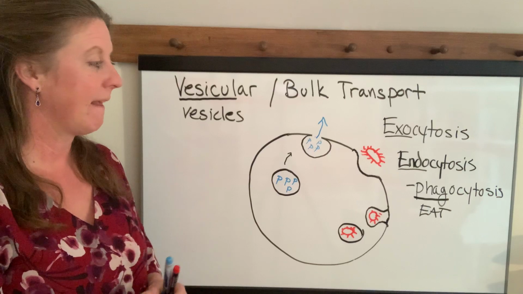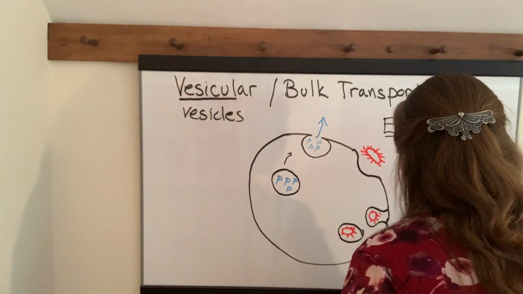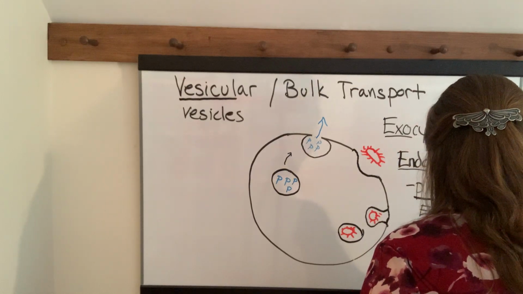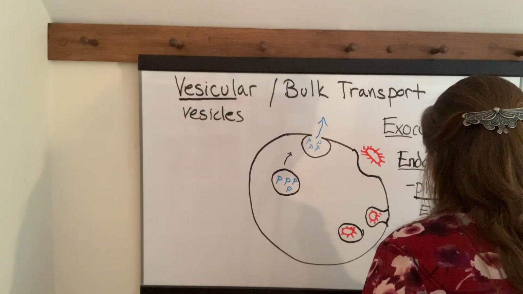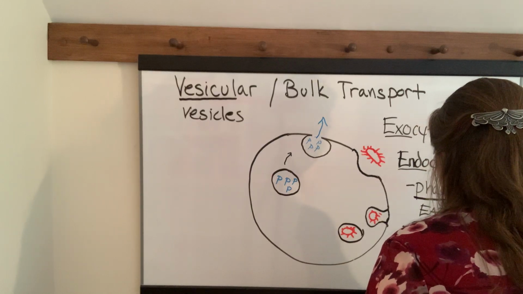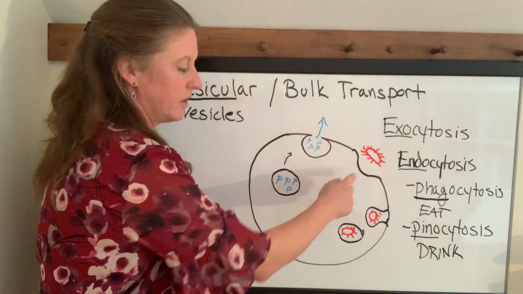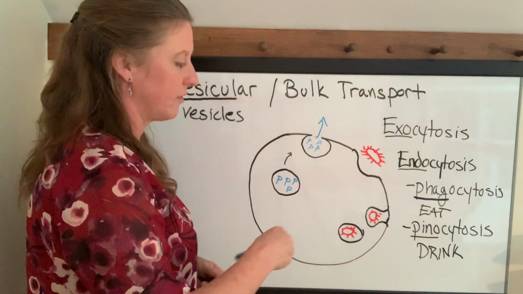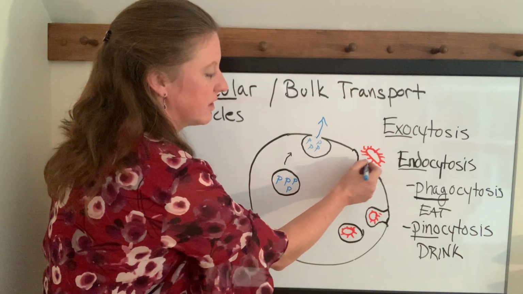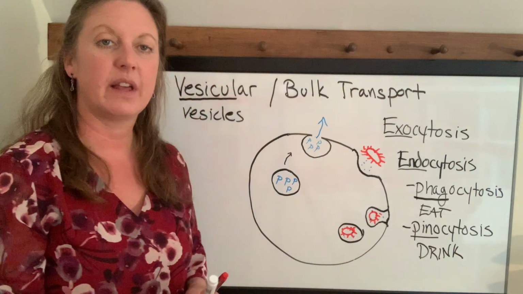Now, sometimes cells do what's called pinocytosis. Pino means to drink. And in that case, the cell is just doing the same thing that it did with phagocytosis, but instead of there being a bacterium, it's just picking up whatever happens to be outside of the cell.